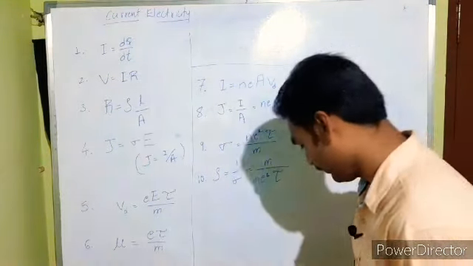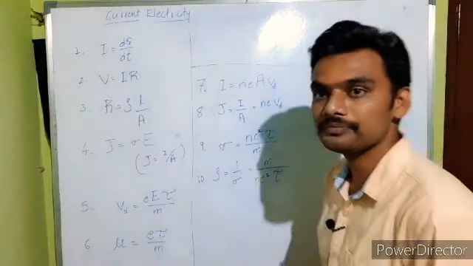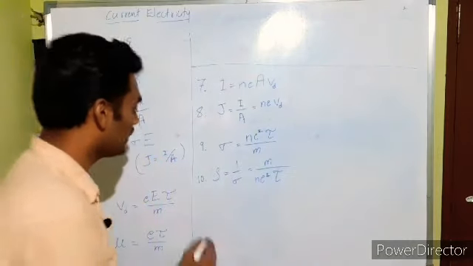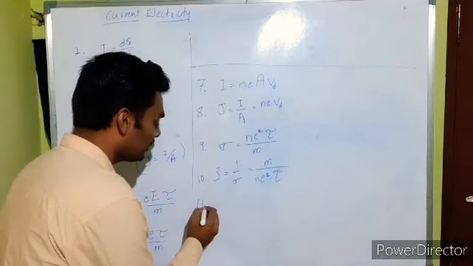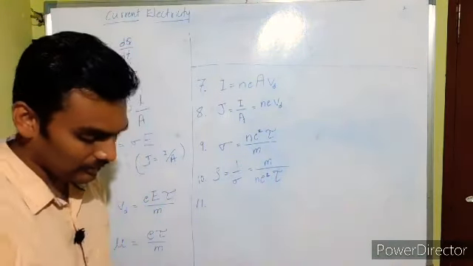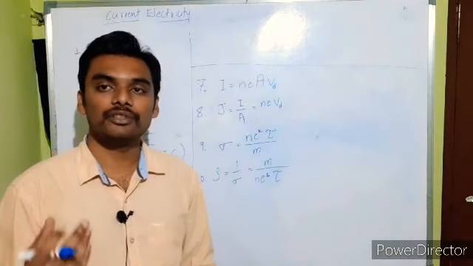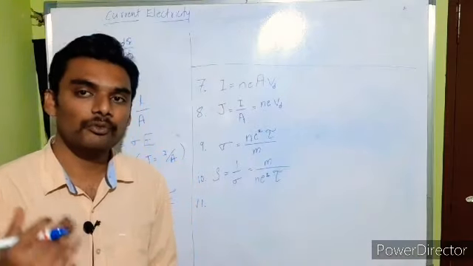And then this is an important expression. The next expression that I am going to take is the one which connects mathematically how the resistivity of a certain material, a certain conductor, varies.